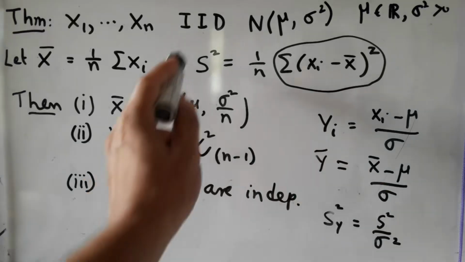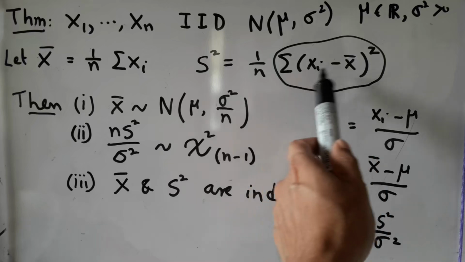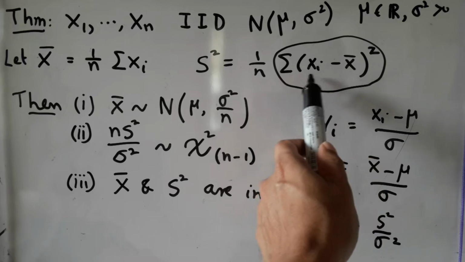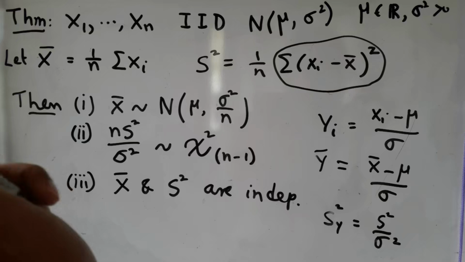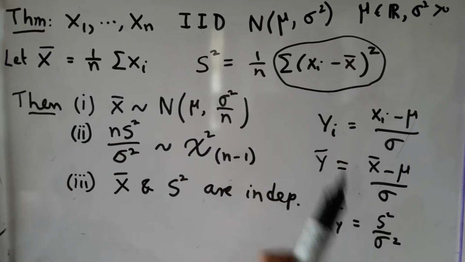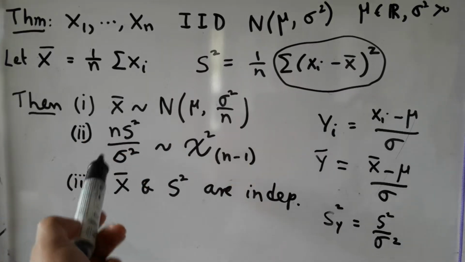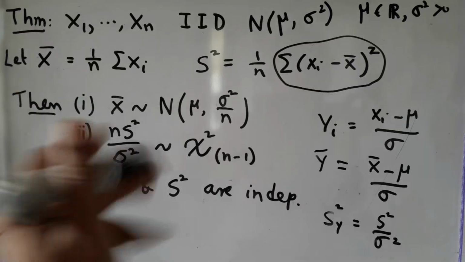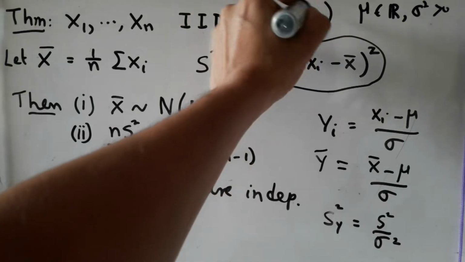And similarly, a square, which I will now call sy square, computed based on yi's, will be just a square by sigma square, because the subtraction of mu will have no effect, but you have divided this by sigma, that comes out as sigma square. So if you are able to prove the theorem for the yi's, you can always get back to your xi's. So without loss of generality, I can assume that this is 0 and this is 1.